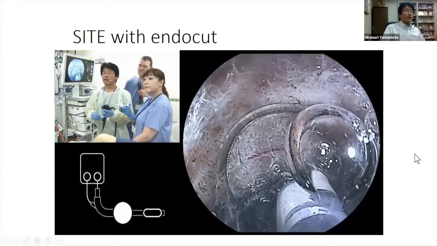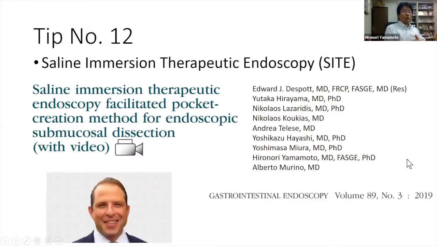But using end cut, more bleeding is a problem. So you shouldn't cut the blood vessel with end cut. And saline immersion therapeutic endoscopy was reported by Edward Despot. And saline immersion therapeutic endoscopy facilitates pocket creation method for endoscopic submucosal dissection.